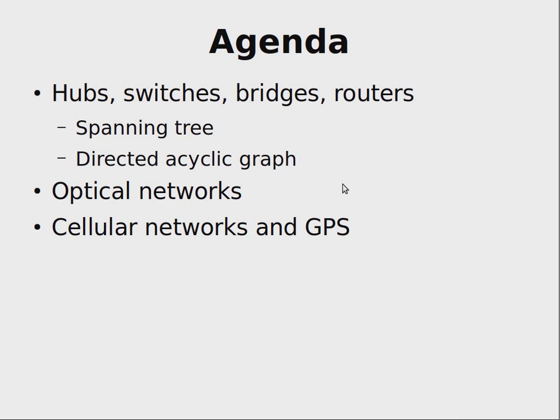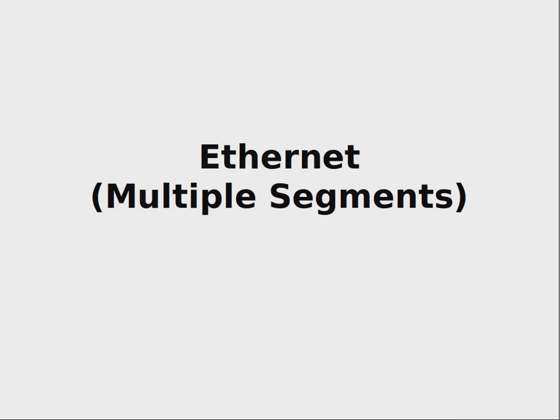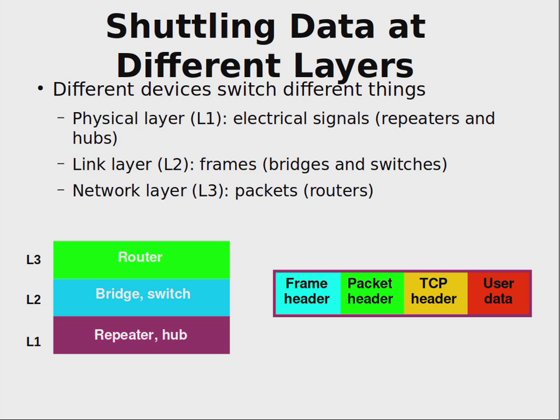So, a little bit more about how the internet actually works and some other networks where the internet protocol is actually not used. In the previous lecture I already told you there is a difference between hubs, switches, bridges and routers.